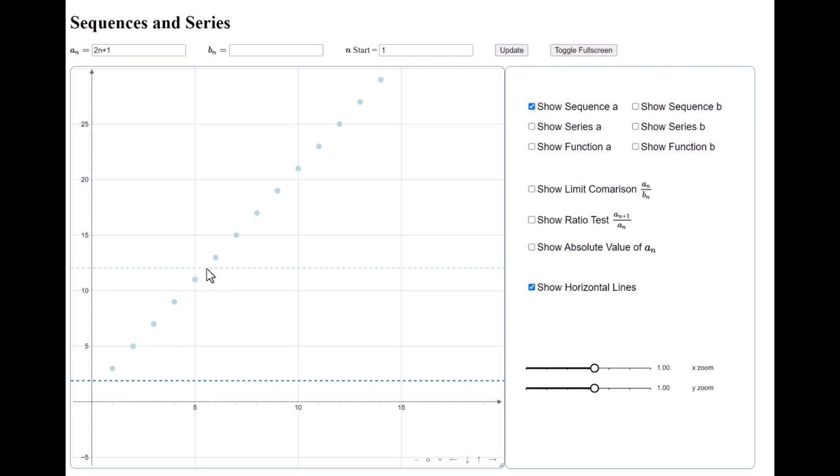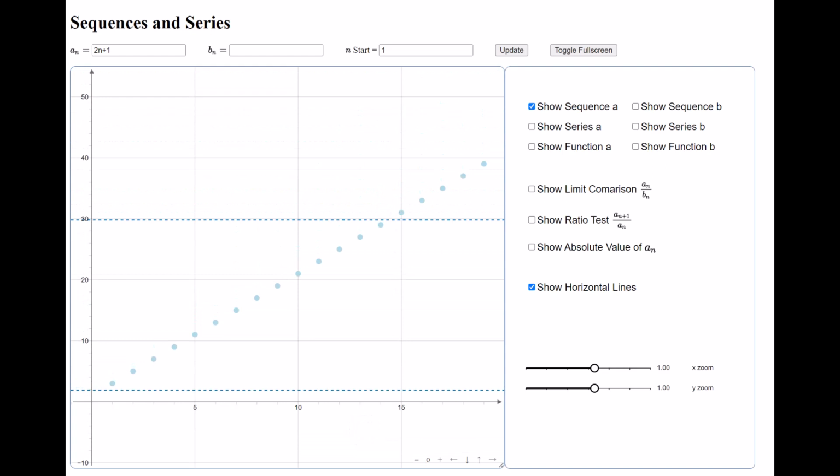Every single value that I choose for a bound above all these points, I will eventually find that there are other points that are larger than that. So if I said that this was my absolute maximum, well, unfortunately, if I scroll out further, I'll find that there are points larger than that. So this is not bounded above, which tells me that the sequence itself is unbounded.